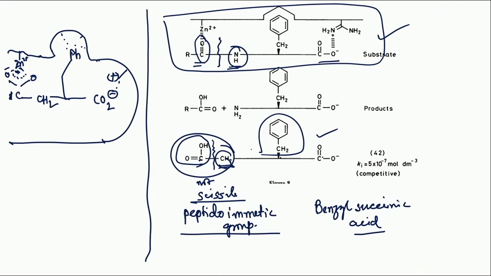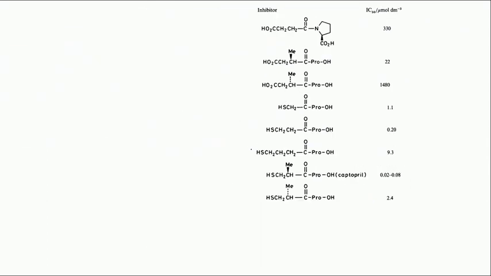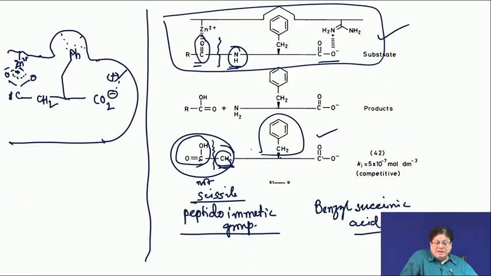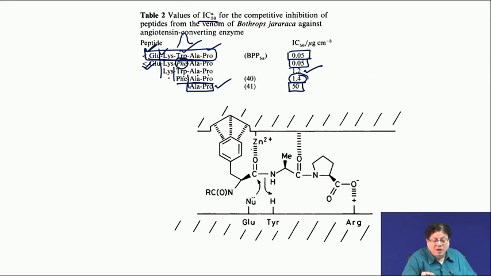Okay. So, from these observations, that the peptides from the snake venom are very good inhibitors, and benzyl succinic acid is a very good inhibitor of carboxypeptidase, that gave the scientists a clue how to design an inhibitor of this ACE enzyme. Let me again show you.